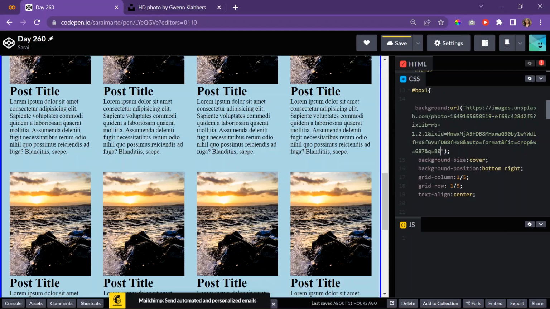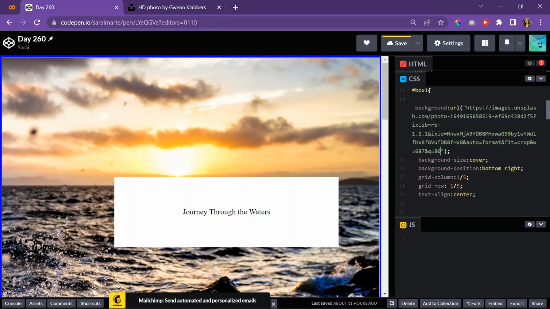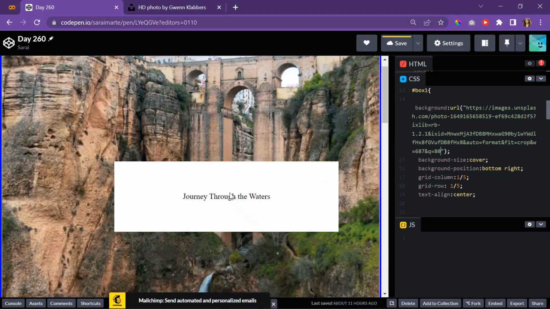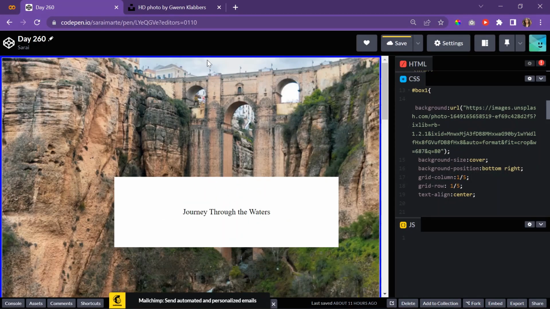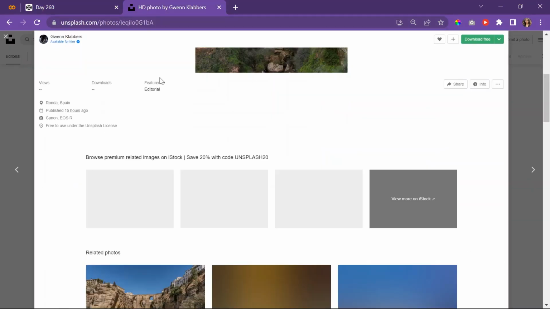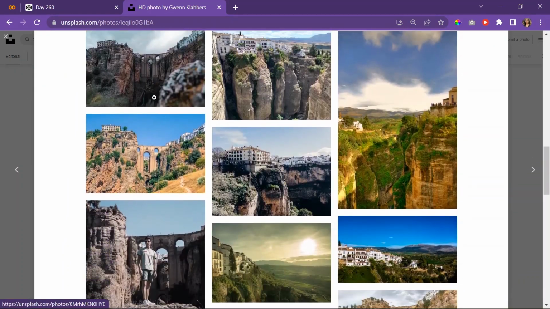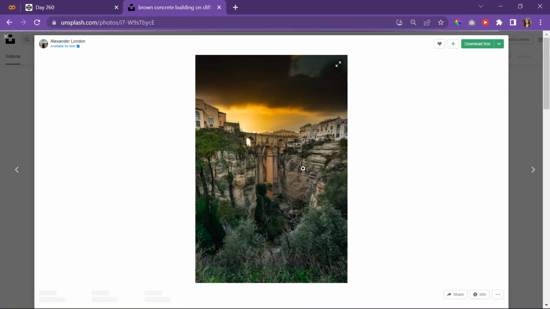This is the background image for the first one. I don't like it. It's giving very blurry. I think. This one is really beautiful.